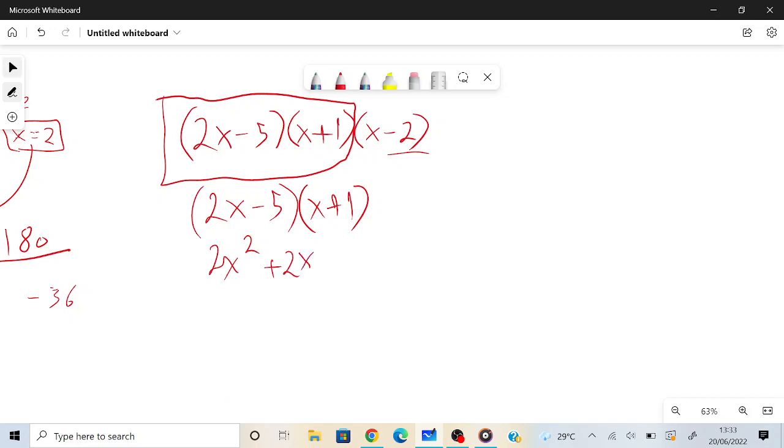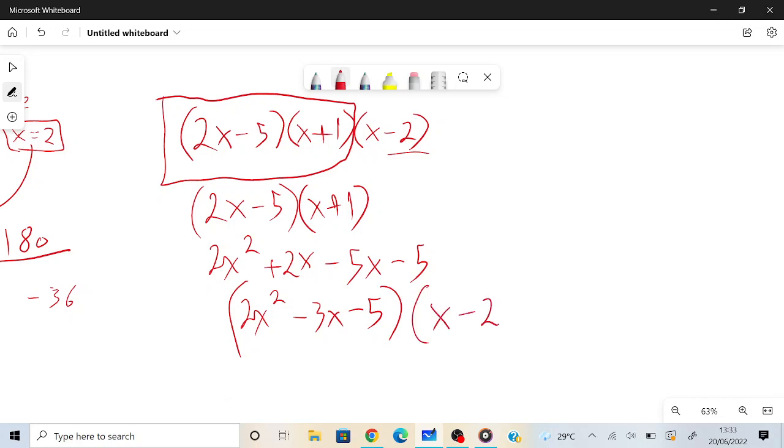Minus 5 times x, that's minus 5x. And then minus 5 times 1, that's minus 5. Now, collecting your like terms, you have 2x squared, 2x minus 5x, that's minus 3x, and minus 5. Now that we have expanded these two, we can now expand this, what we have, by this.